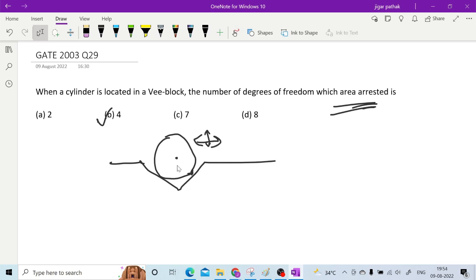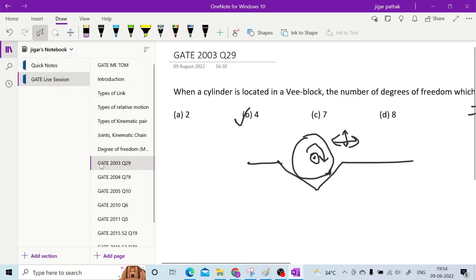And this rotary motion will also be restricted. Only this rotary motion and the one translatory motion along this particular axis, which is coming out of the plane of the screen, will remain present. So out of 6, 4 degrees will be restricted. This is how you get this question.